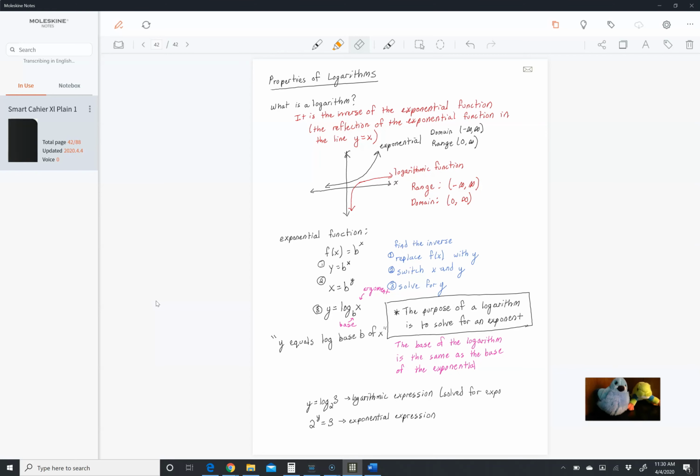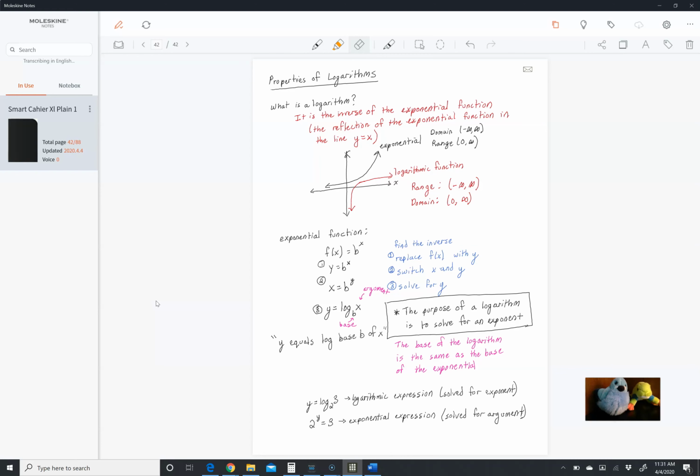Now, most of the time when we're talking about exponential expressions, our exponent is the variable. So we want to solve for the exponent. Sometimes that's different. Sometimes the argument is the variable, so we're going to put it in exponential form. So what we're going to do is we're just going to make a table.